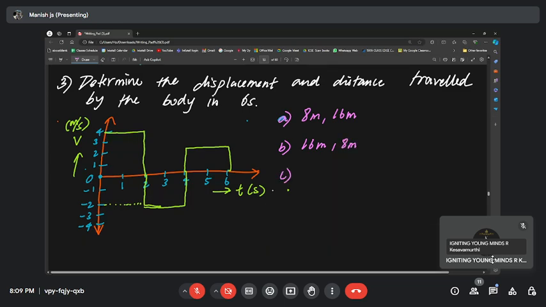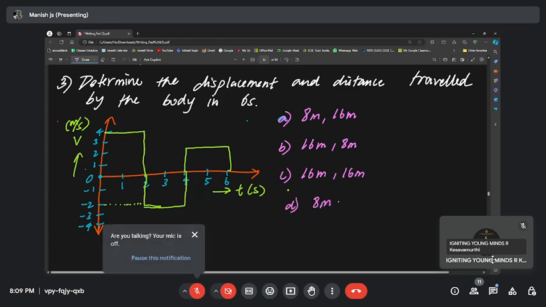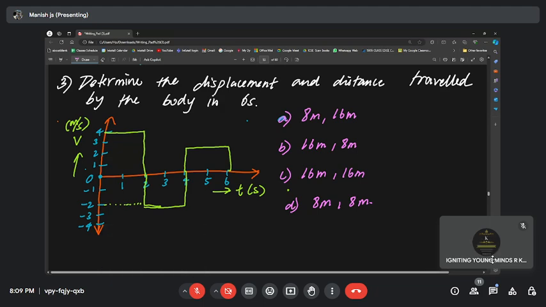Option C, 16 and 16. And option D, 8 and 8. These are the options. Which is the displacement and what is the distance traveled? You'll have to compute the displacement followed by the distance traveled.